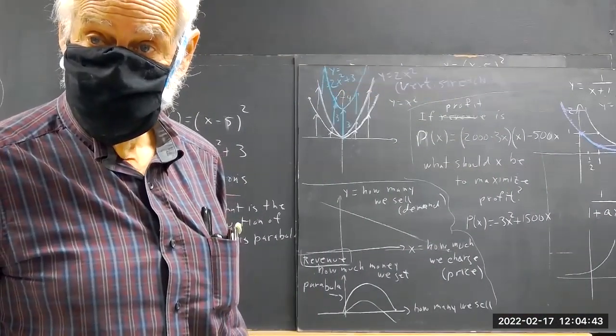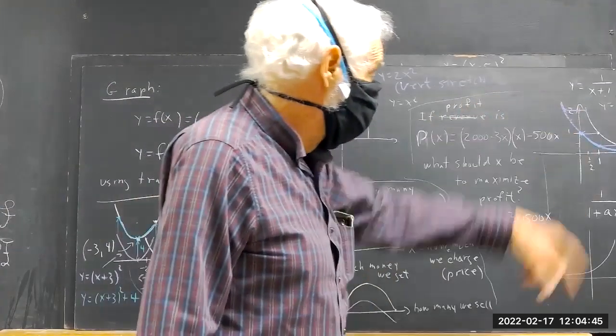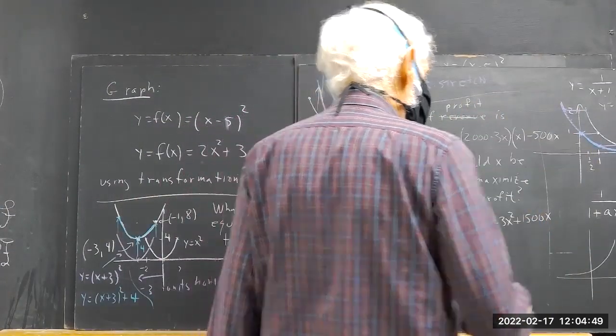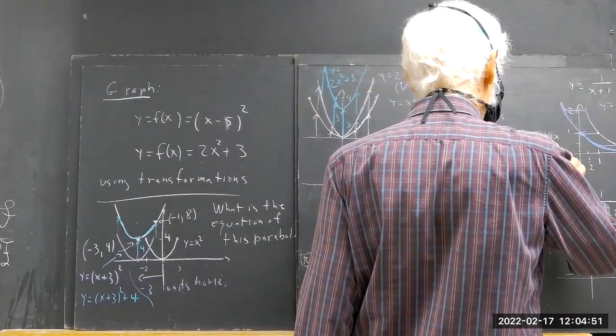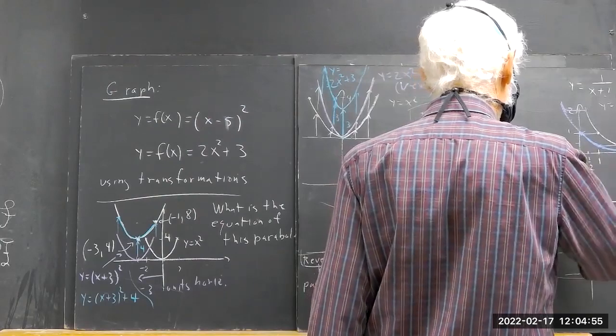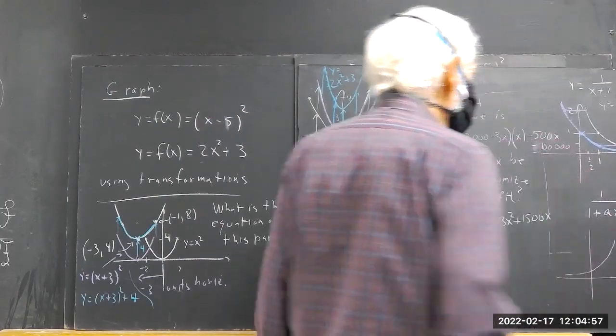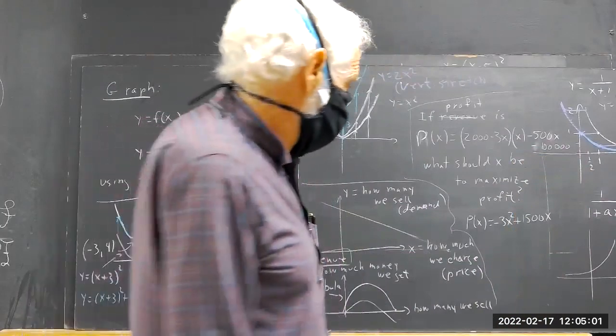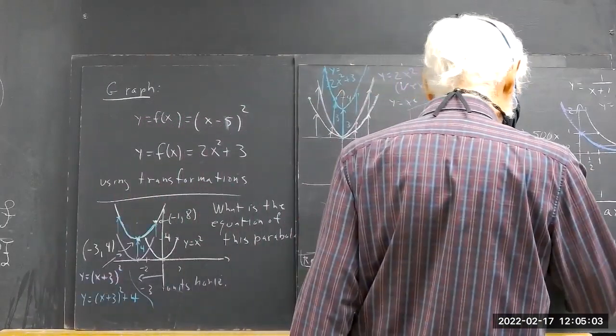Now there might be a fixed cost on here, just another number. Let's say minus $100,000, because that's what it costs you to build a factory to produce this. So now we have minus 100,000.